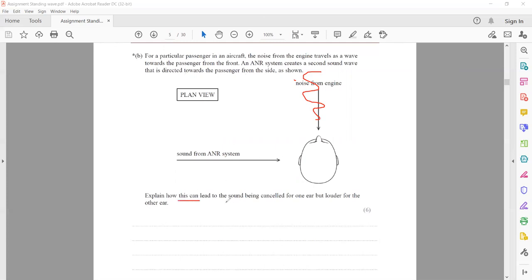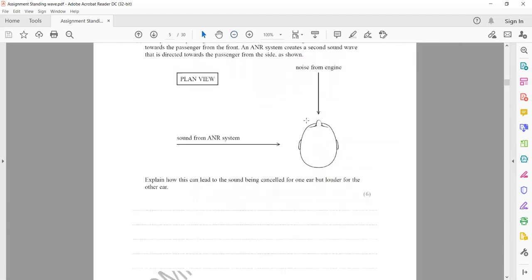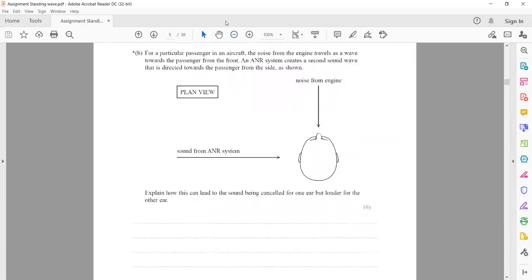Explain how this leads to sound being cancelled at one ear but louder at the other ear. So what is the reason why at one ear it is cancelled and at the other ear it is loud? It is related to interference, as well as the formation or cancelling of the wave, interference as well as diffraction.